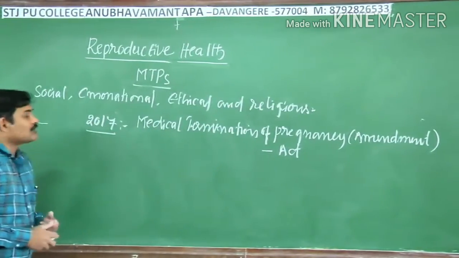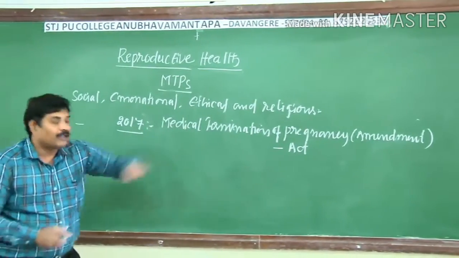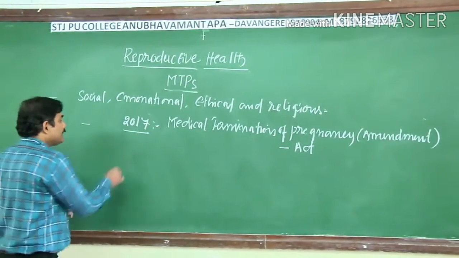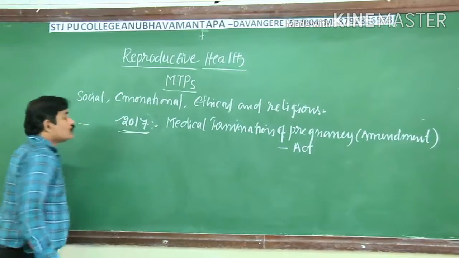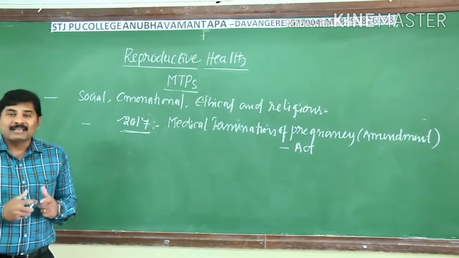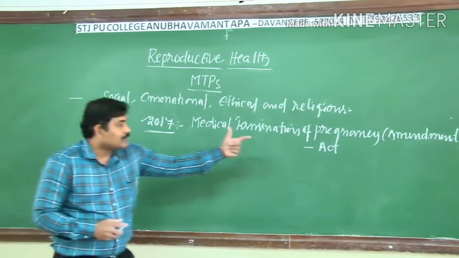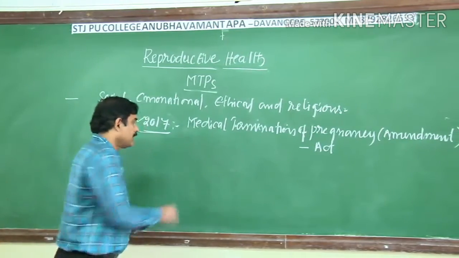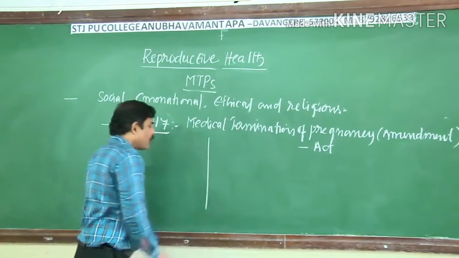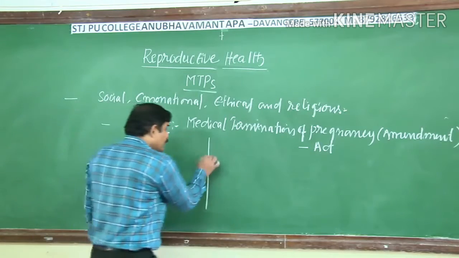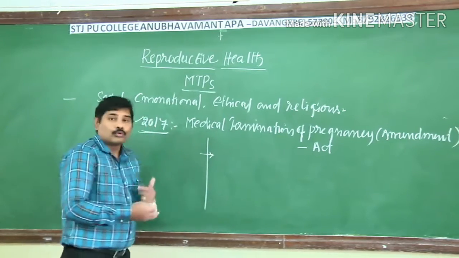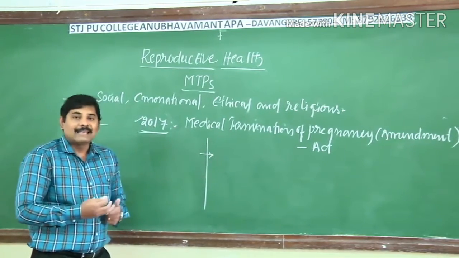A few changes were made in this act, and it came into force in the year 2017. The basic intention in bringing this amendment in the act includes three important facts. One is to reduce illegal abortions.